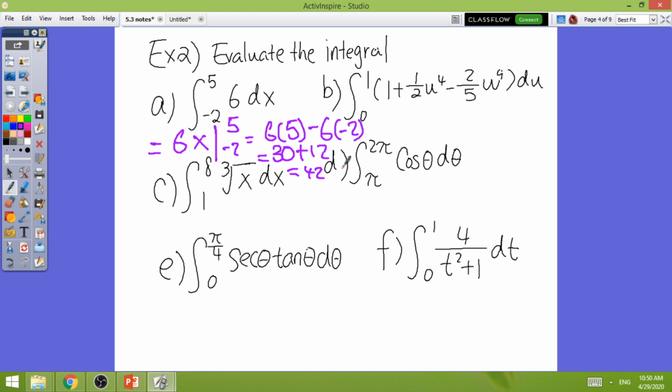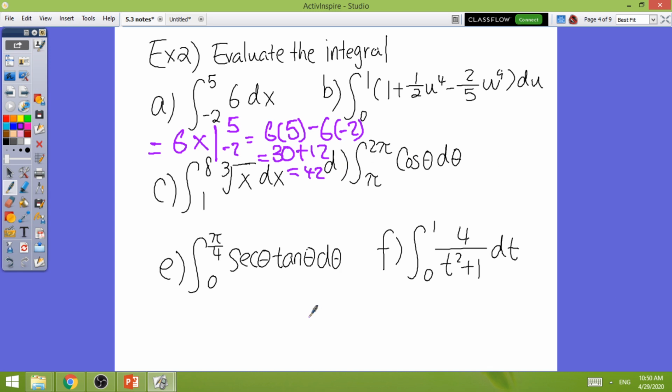For c, the integral from 1 to 8 of cube root of x dx. And d is a trig function, the integral from pi to 2 pi of cosine theta d theta. And e, the integral from 0 to pi over 4 of secant theta tangent theta d theta. And then f, the integral from 0 to 1 of 4 over t squared plus 1 dt.